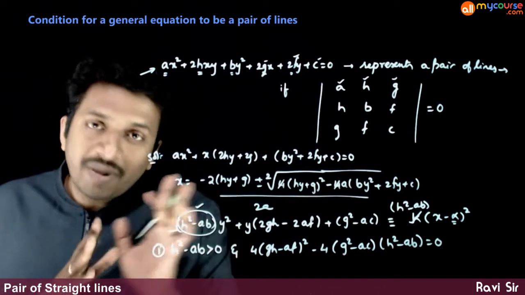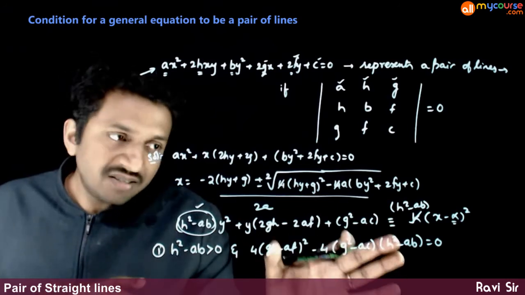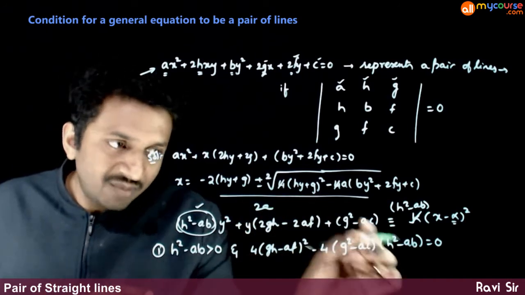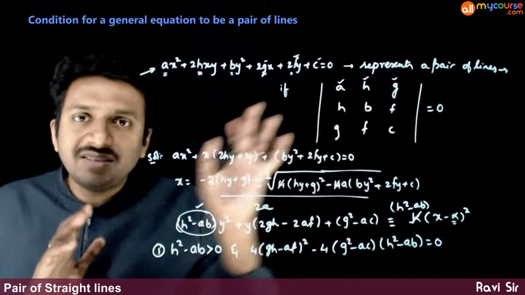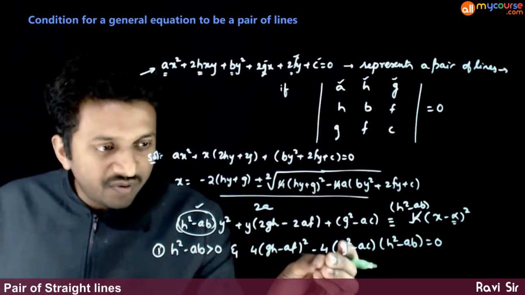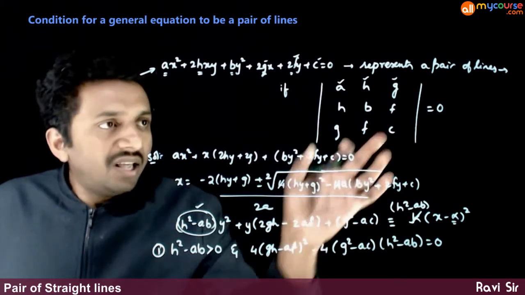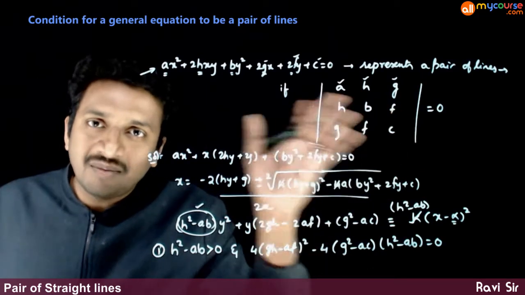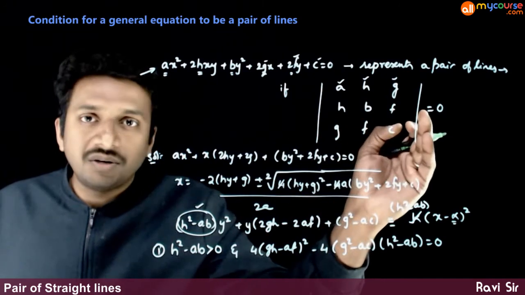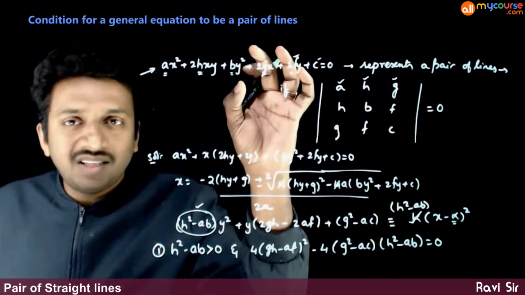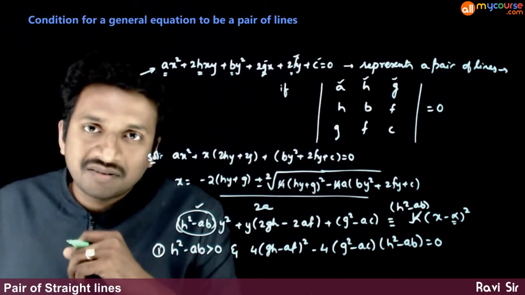So if you expand this, you get some condition in terms of g, f, c, a, b, c. If you simplify this, you get exactly the same condition as this condition. Hence, this equal to 0 makes this a pair of lines.